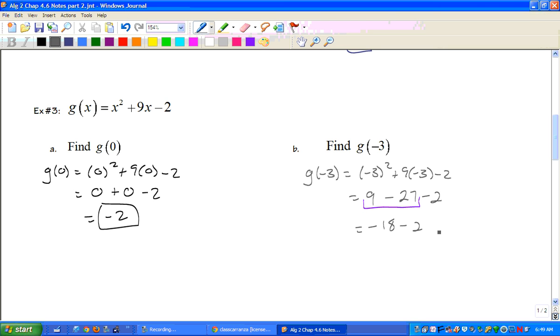Hopefully you're saying negative 18. And negative 18 minus 2 is negative 20. So pretty much all you're doing is they give you a number and you plug it in.